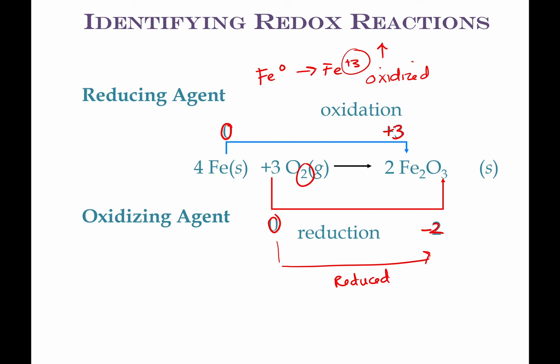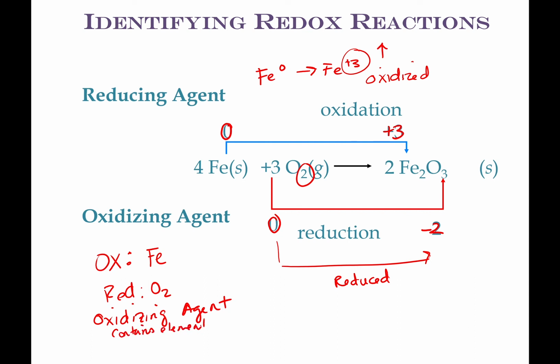So the reducing agent, let's say what was oxidized, let's start with that, would have been the element itself. So we talk about elements, would be iron. What was reduced would be oxygen. What was the oxidizing agent? So the oxidizing agent contains the element that was reduced. So we look for what was on this side.